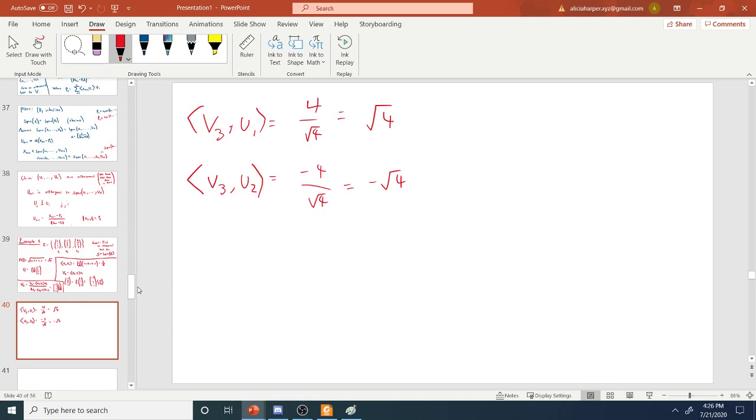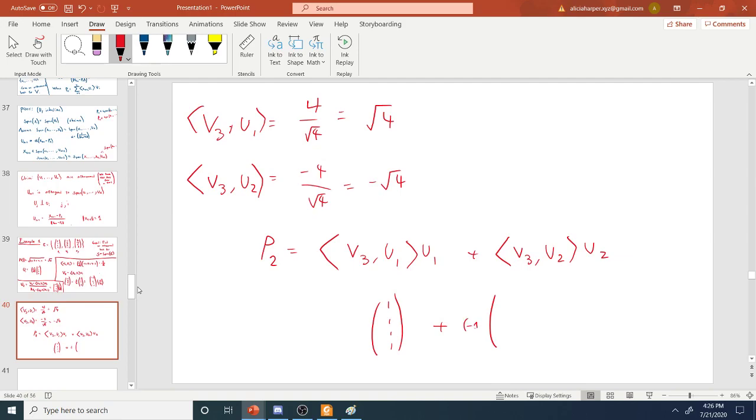Given this, I can now note that my P2 here is going to be V3 inner product with U1 times U1, and as a vector this is just 1, 1, 1, 1, plus V3 inner product with U2 times U2, which as a vector is plus negative 1 times negative 1, 1, 1, negative 1. And this ends up giving us 2, 0, 0, 2.